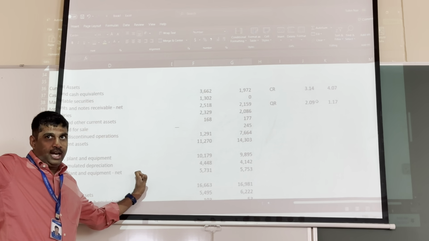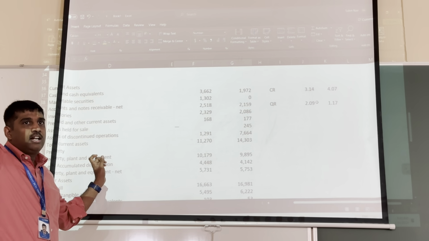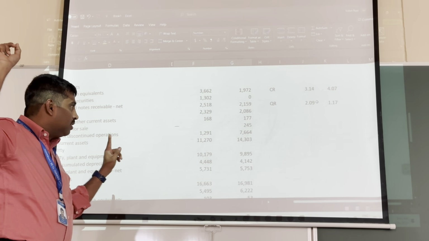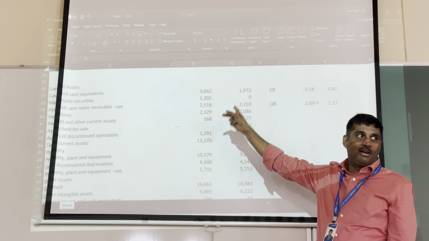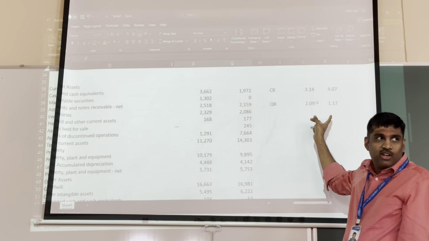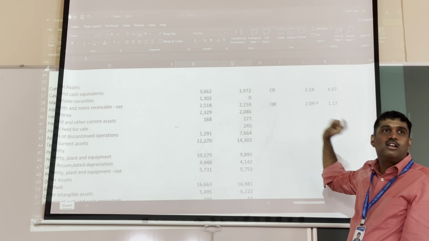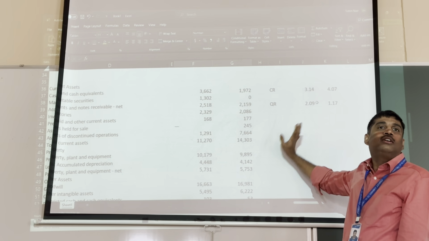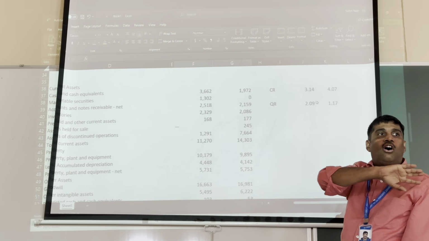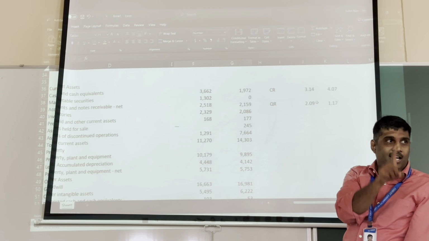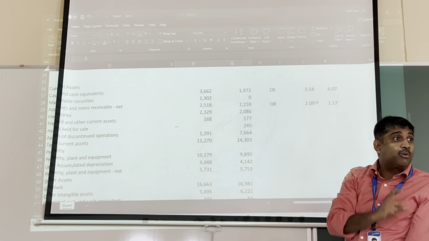Guys, 1 minute. This is what I said. When you normalize your income statement or balance sheet, your perception might change completely. So you need to figure it out quite cautiously. That's a skill, guys. All of you would have learned these ratios, but your skill is to evaluate the real liquidity.